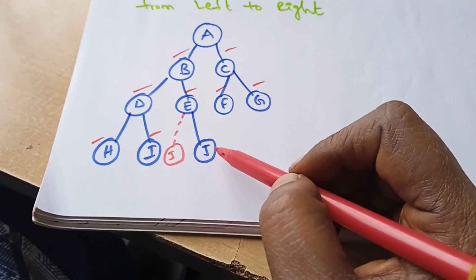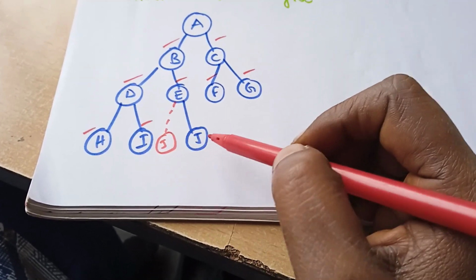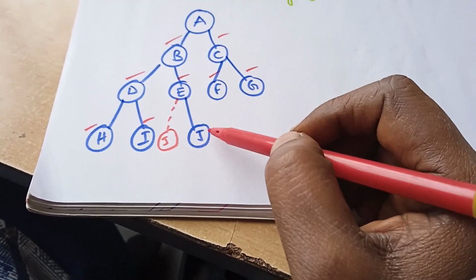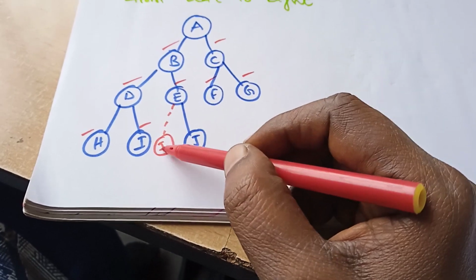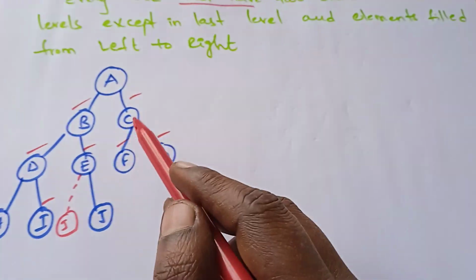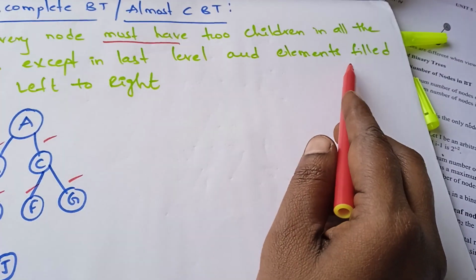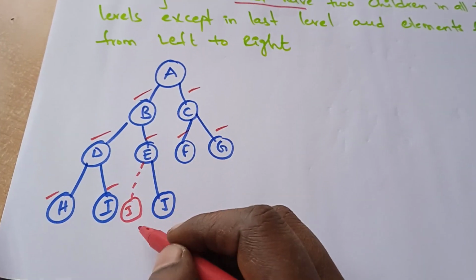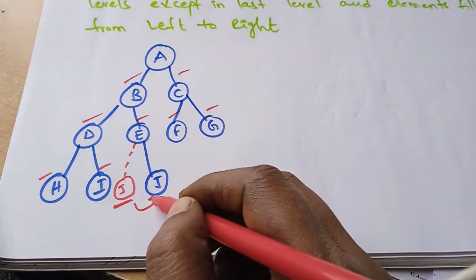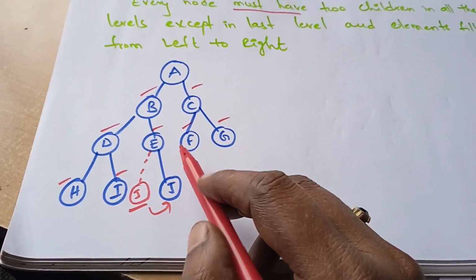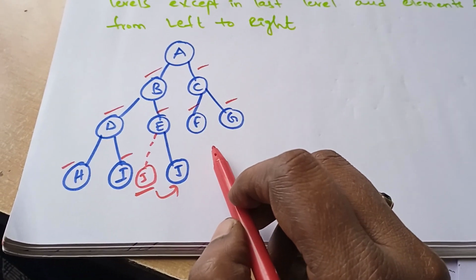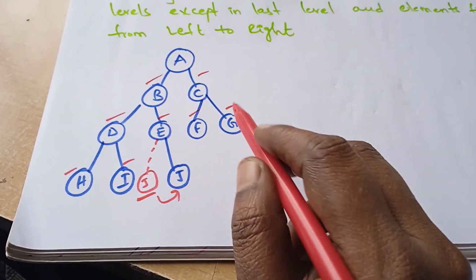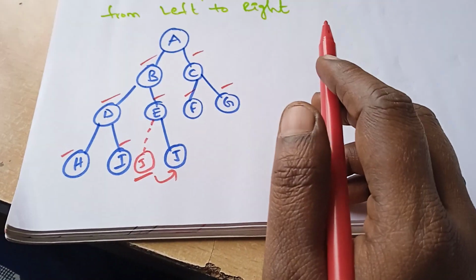Instead of placing it as the right child of E, it has to be placed as the left child of E. That is, elements or data nodes are filled from left to right. So by leaving the left position, we should not go for the right position. This is what an incomplete binary tree or almost complete binary tree is.